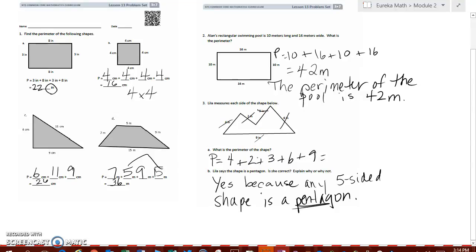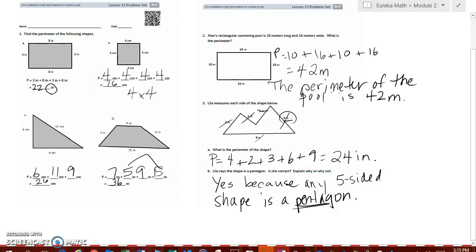Try to be organized just like we were with the line plots. All right, so add these up. I'm looking here, I see 4 and 2 is 6, 2 6s is 12, plus 3 more is 15, 15 plus 9 is 24, and what is my label? Inches. I can get that from going back to my shape and looking at how the sides are labeled.